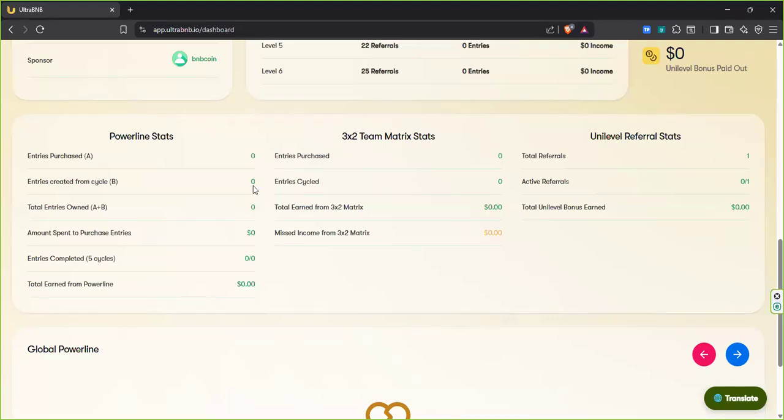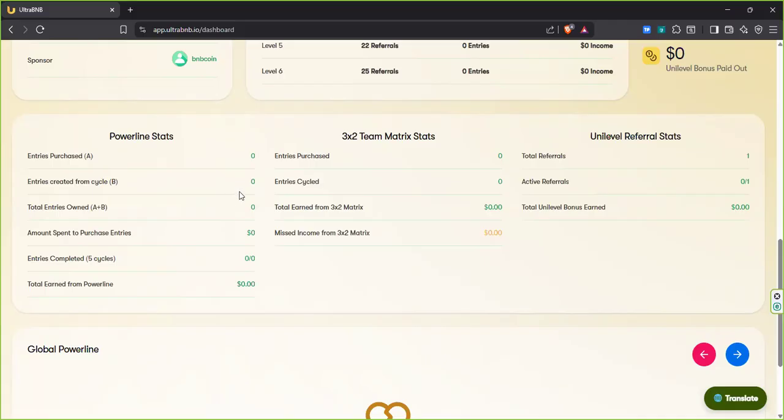So now it means you have a new entry created from your prime entry. So we have like a parent entry and a child entry. The parent entry is the one which is going to be recorded in entries purchased A, and the child entries are the ones that will be recorded in entries created from cycle B.